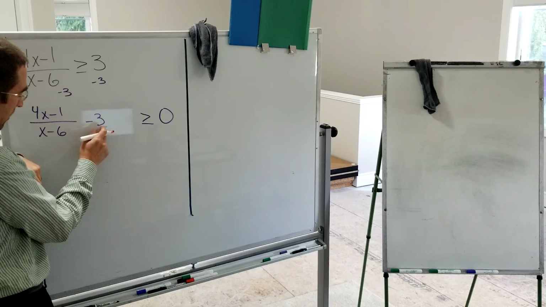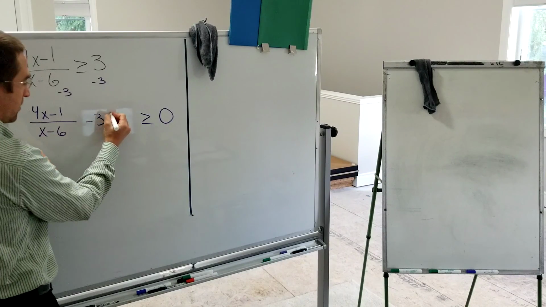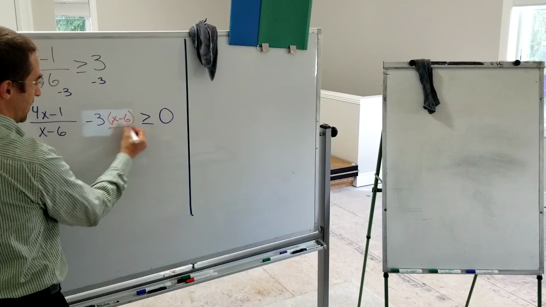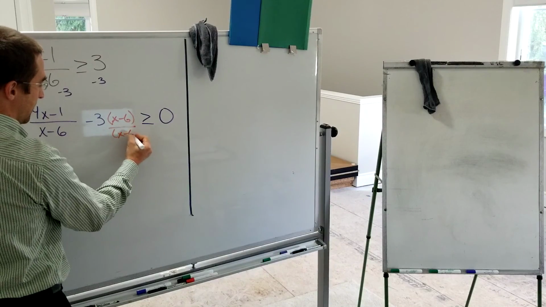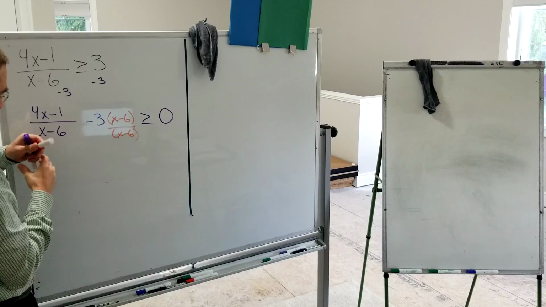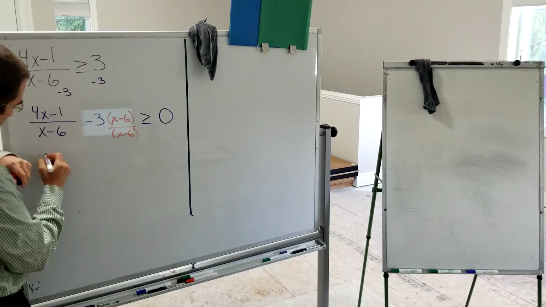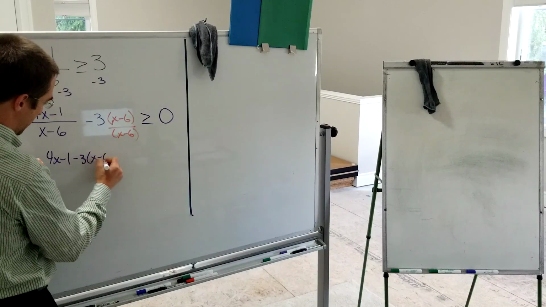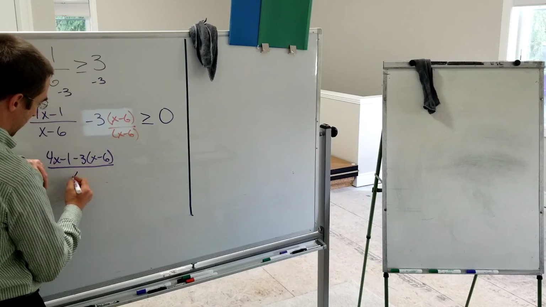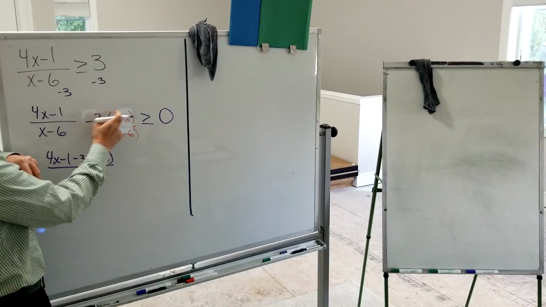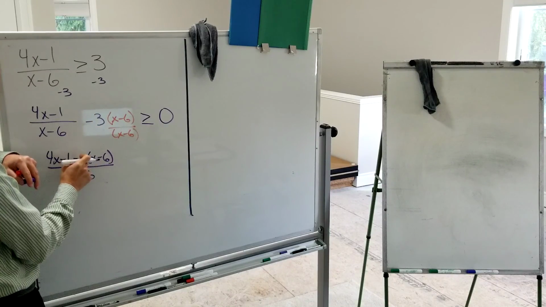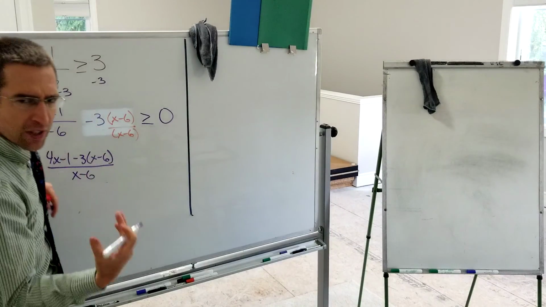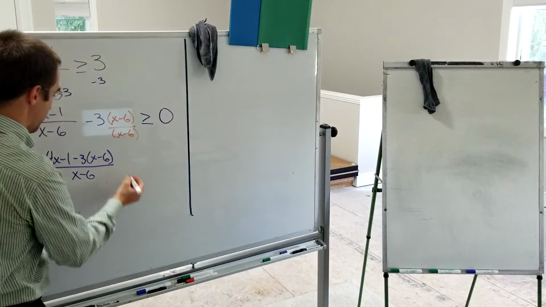This denominator is 1, this denominator is x minus 6, which means we need to multiply by x minus 6 over x minus 6. So that gives me 4x minus 1 minus 3 times x minus 6 divided by x minus 6. Notice I didn't multiply both of these by 3. I kept it minus 3 in parentheses, so I don't forget to distribute the negative part with that 3.